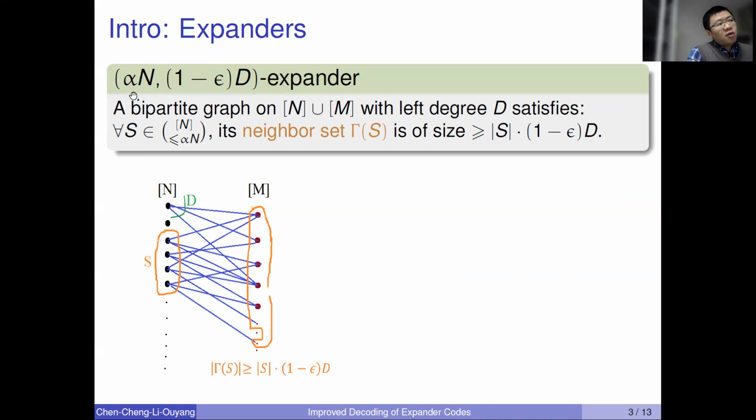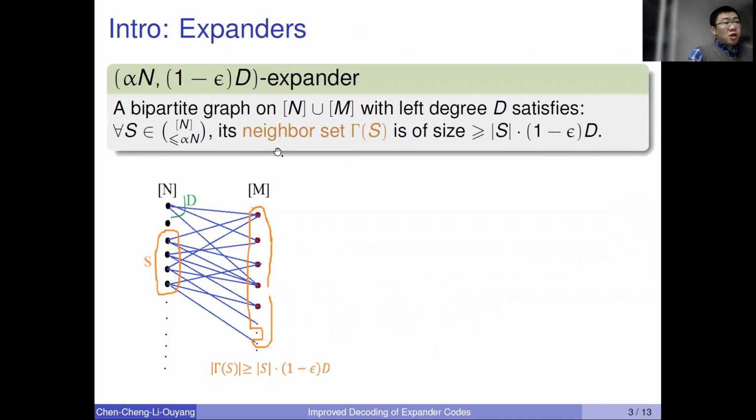We call a bipartite graph with n vertices on the left and m vertices on the right, where it is d-regular on the left-hand side, an (alpha n, 1 minus epsilon d) expander only if for any subset S of size at most alpha n on the left-hand side, its neighbor set, called gamma S, is of size at least the size of S times the expansion parameter 1 minus epsilon d.